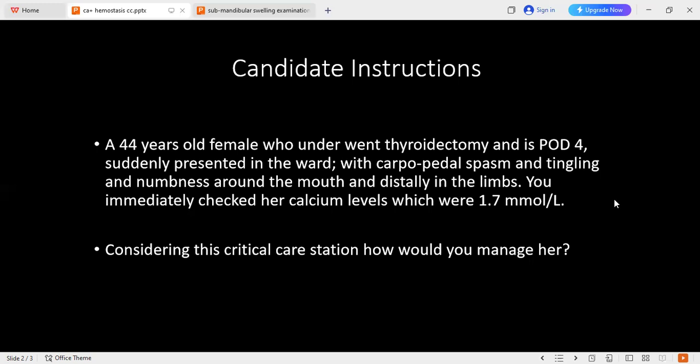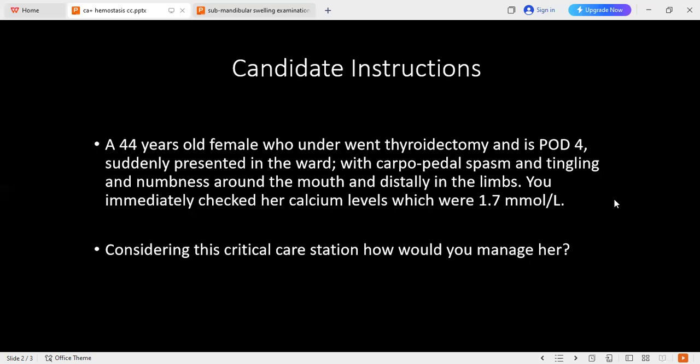If the symptoms went, I will repeat the calcium level after 2 hours. If it still persists, I will keep her on a calcium gluconate infusion, 100 ml in 1 liter, at a rate of 50 ml per hour. Okay, thank you.